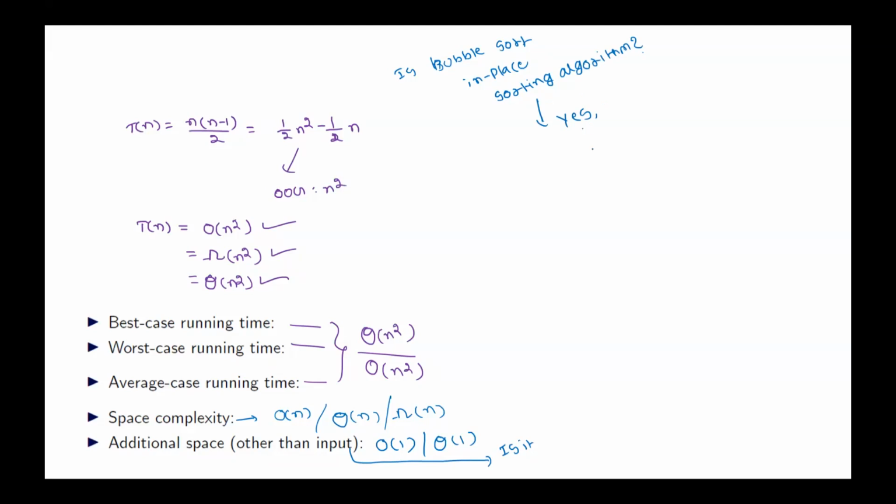Because the amount of additional space is independent of the input size, that is n. Is that correct?